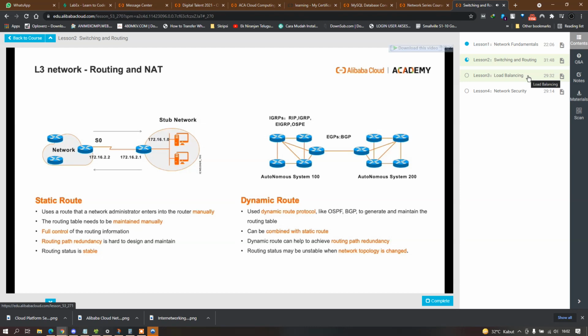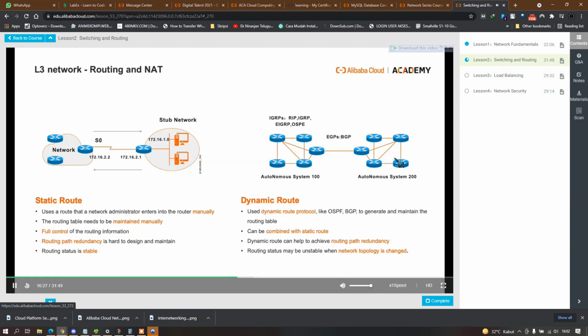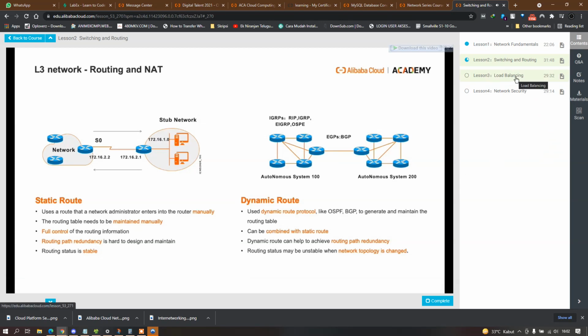But for dynamic route, the routing status may shake when the network topology is changed, because every single network topology change will make the whole network recalculate the network status and regenerate the routing table on each of the routers. So that's the difference between the static route and the dynamic route.